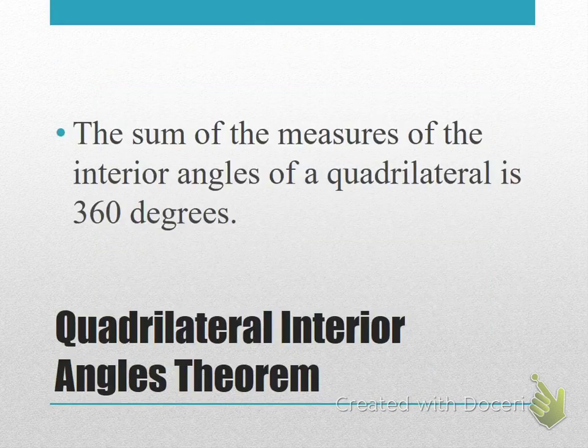Okay, we'll move on. The sum of the measures of the interior angles of a quadrilateral is 360 degrees. That is the quadrilateral interior angles theorem. Another thing that we need to just have memorized.